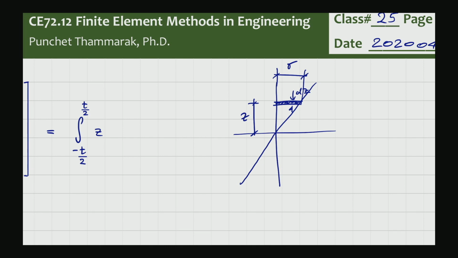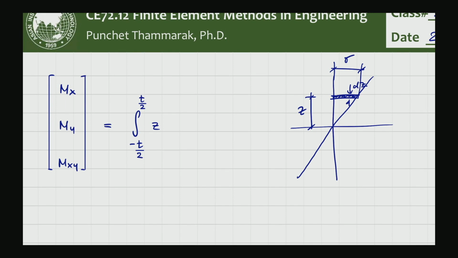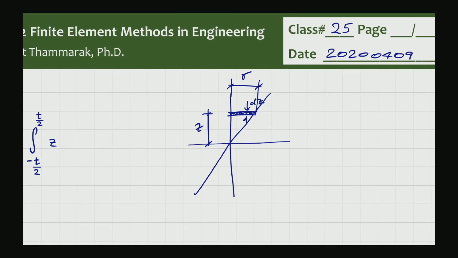Turns out dz is not the area, it is the thickness. The moment you are going to get here is the moment per unit length, the M we just wrote on the left side here. As it is per unit length, we don't need to get the width, because we are talking about the plate, and the plate is like infinite, we cannot define which part is the width of the plate.